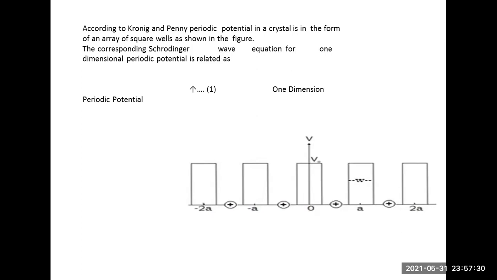Here we start with the important aspect of the Kronig and Penney model, in which Kronig and Penney say that the electrons will move in the form of a square well. You can see this, 0 plus a to a and 0 minus a, minus 2a. Now this should be verified mathematically.